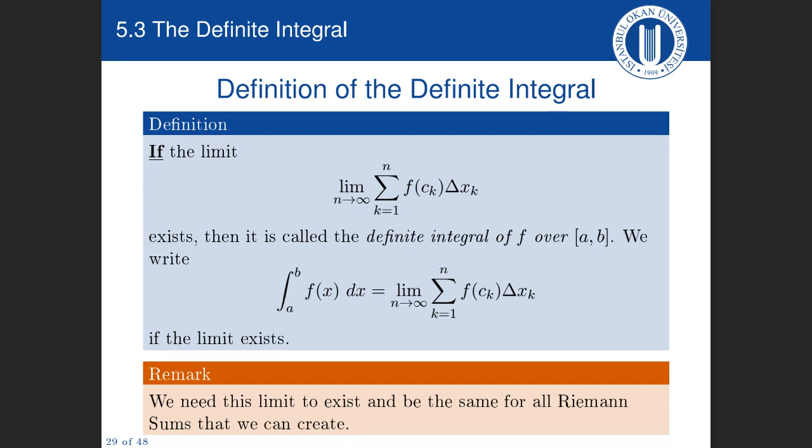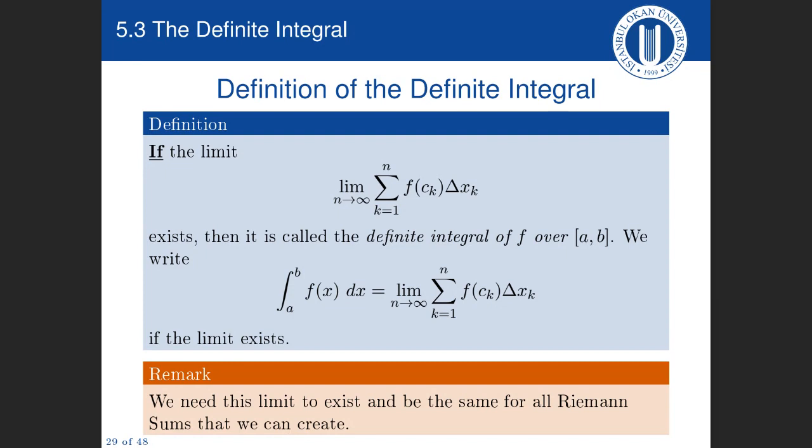Before I go on, we need this limit to exist and to be the same for any Riemann sum that we could write down. Remember, when we're creating a Riemann sum, we choose how to split our interval up into little pieces, and we choose where we're going to measure the height of the rectangles.